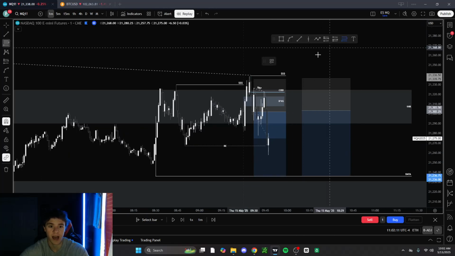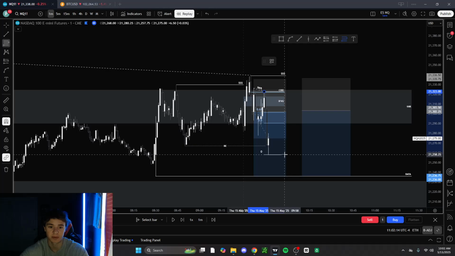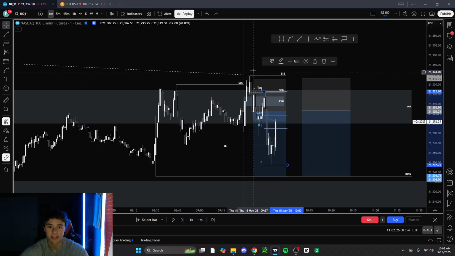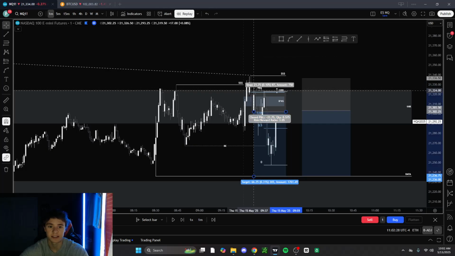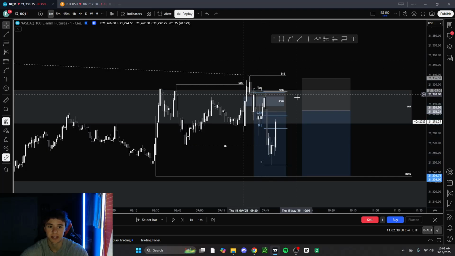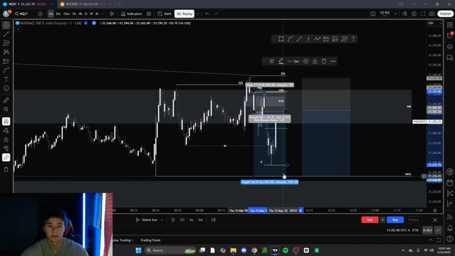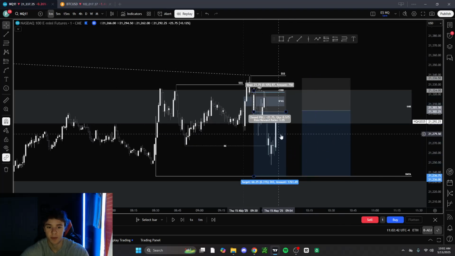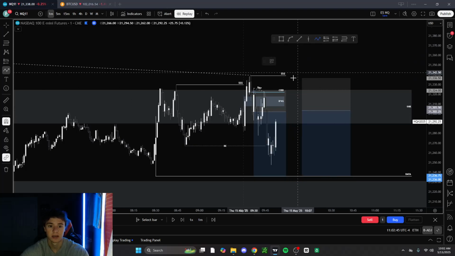So I'm like, okay, I will add a couple contracts and scale into this position once we come up to equilibrium right here. I put a limit order at equilibrium, and because I did that, I kept my stop loss above this internal SMT, and I scaled in at equilibrium within this bearish fair value gap, wanting to see us continue lower.